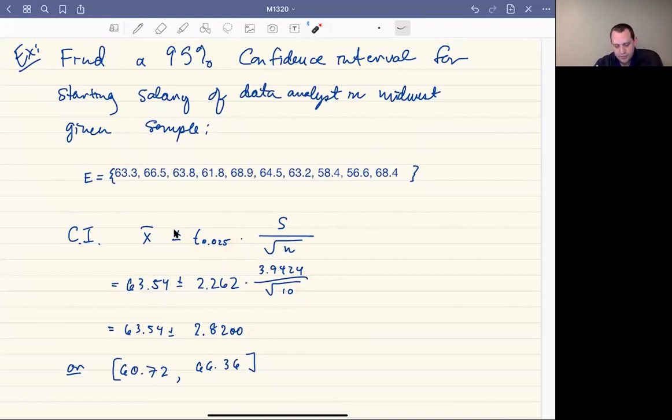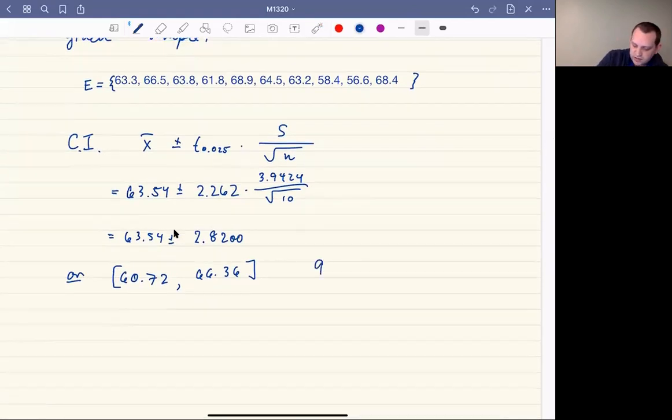And this is the confidence interval that we get: 60.72 to 66.36. So that's our 95% confidence interval. This is called the t-test. We can compute this confidence interval using what's called the t-test.